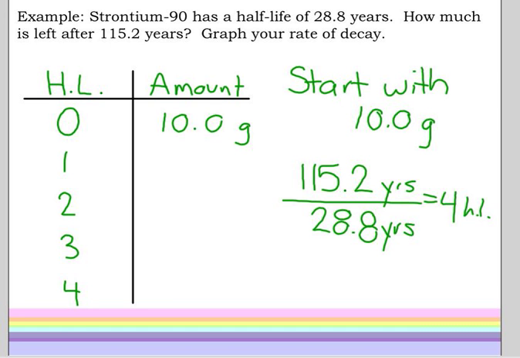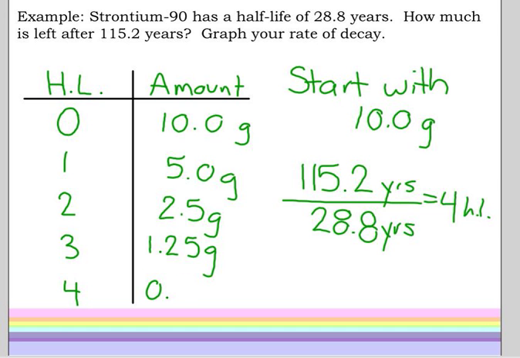After 1 half-life, if we start with 10 grams of the strontium-90, now we're going to have 5 grams. If we let it sit for another half-life, we're going to have 2.5 grams. One more half-life, we get 1.25 grams. And at the very end, after 4 half-lives, we are only going to have 0.625 grams left.